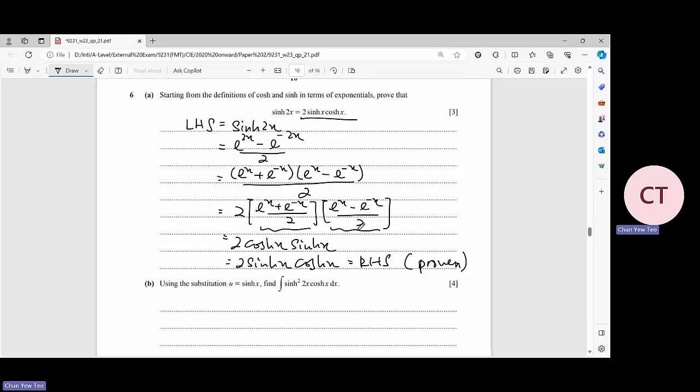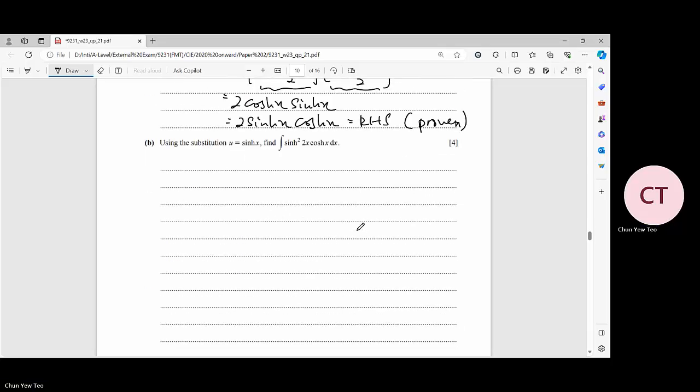Then now we move on to the B. Use the substitution u equal to sinh x. Find these integrations. So what you need to do is that first, for the substitution, we always differentiate the substitution at first. So differentiate sinh, you will get cosh. Then your du equal to cosh x dx.